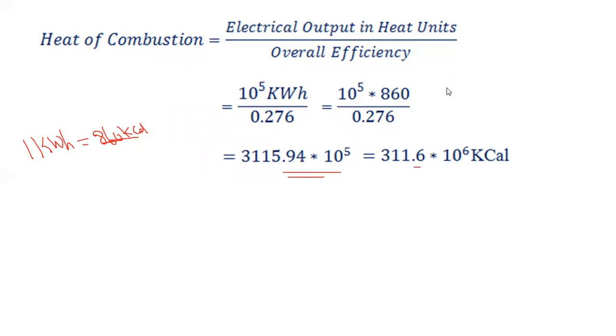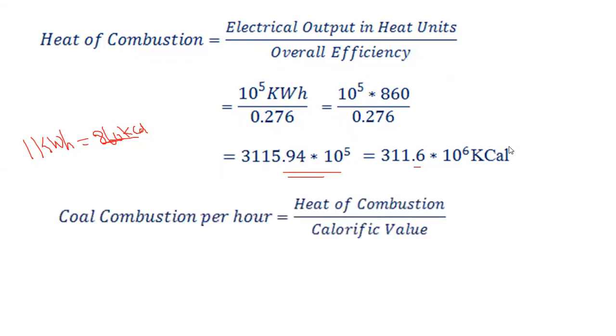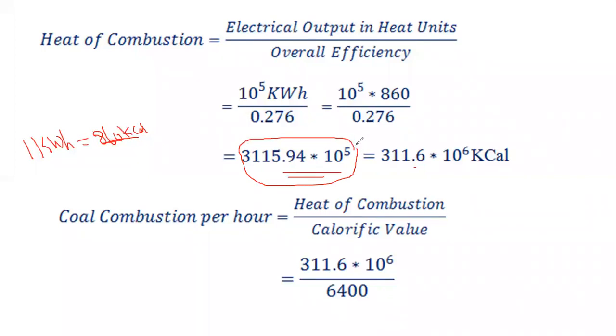Now we can find out how much coal is utilized per hour to generate power in this particular power plant, that is the coal consumption per hour. That is heat of combustion by calorific value. Directly we can substitute this value: 3115.94 into 10 to the power of 5 by the calorific value, which is 6400.